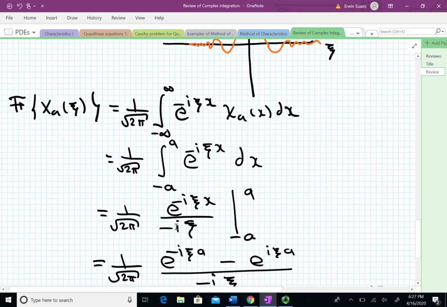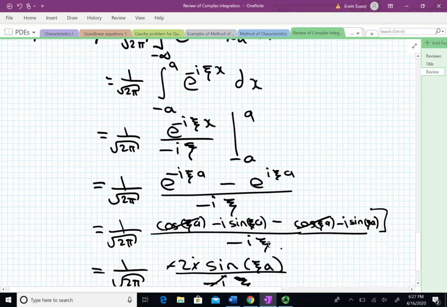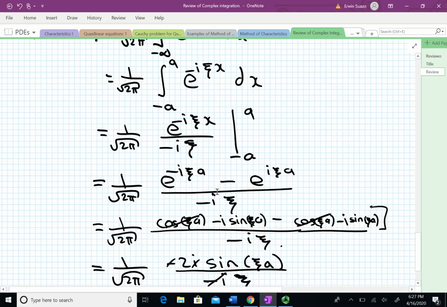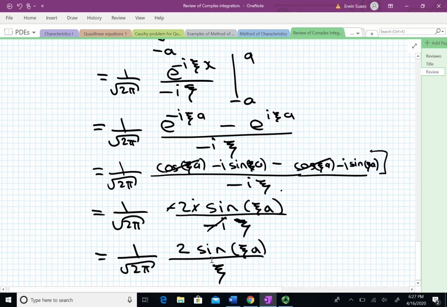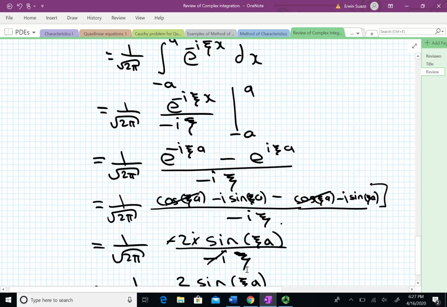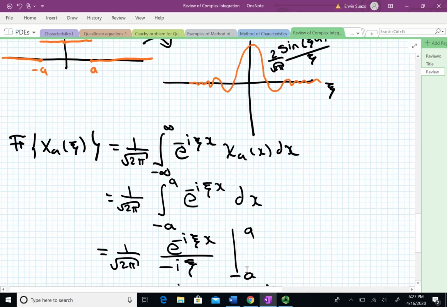I apply the fundamental theorem of calculus, and I got that. Then I plug in a and minus a, apply my Euler formula, simplify, and finally get 1 over the square root of 2 pi times 2 sine(theta a) over theta as my solution, the Fourier transform of this one.